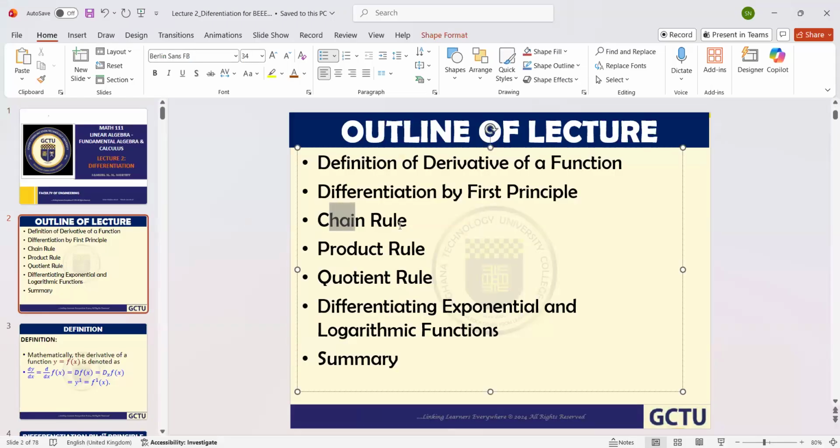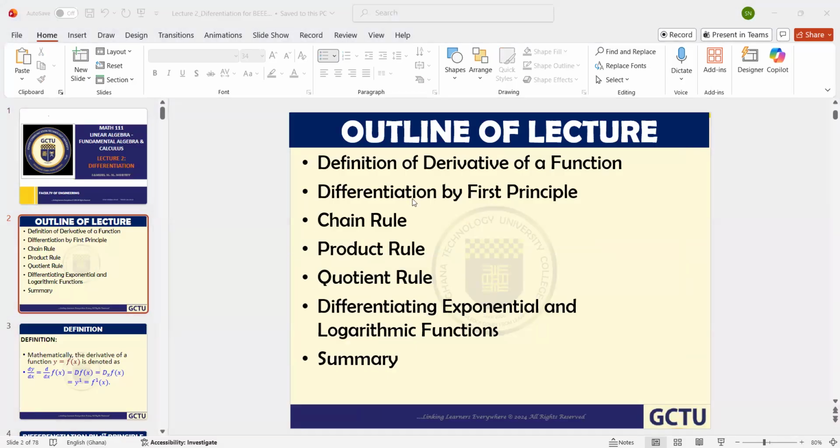We'll look at the chain rule, the product rule, the quotient rule, and differentiating exponential and logarithm functions. At the same time, we'll look at some properties of these functions and how they behave. I hope by then I have uploaded the PowerPoint so you can read ahead.